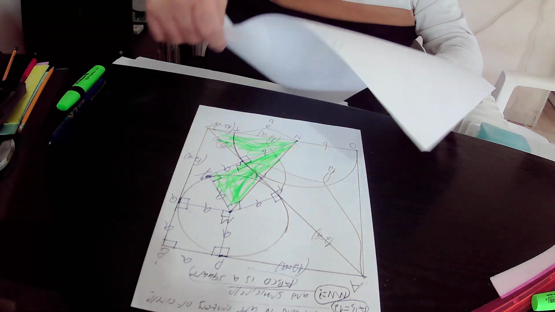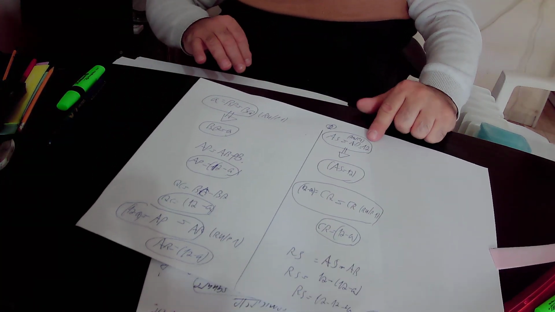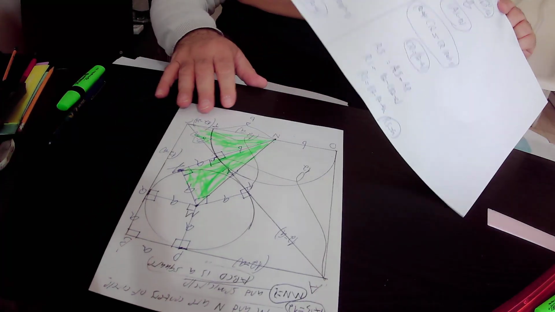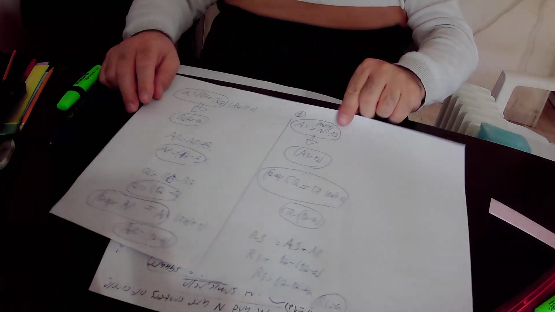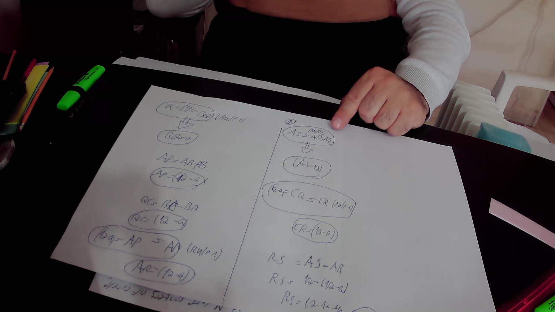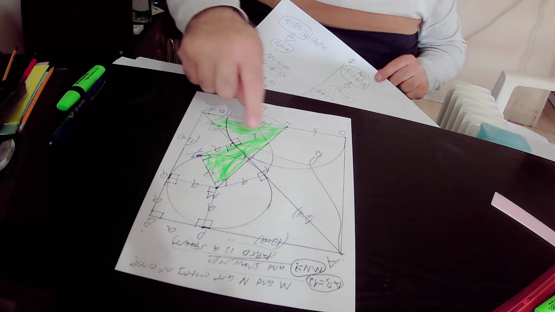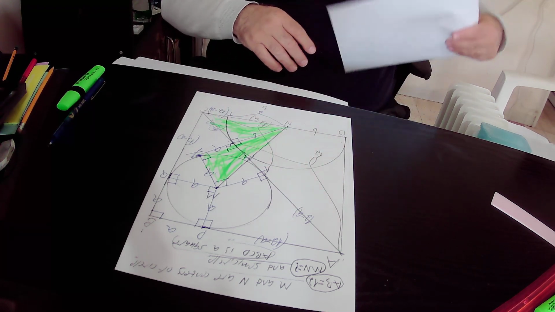That is to say, AS is equal to AD, but AD is equal to 12 units. It is one side of square ABCD. So AS equals AD equals 12, we conclude that AS is also equal to 12 units.